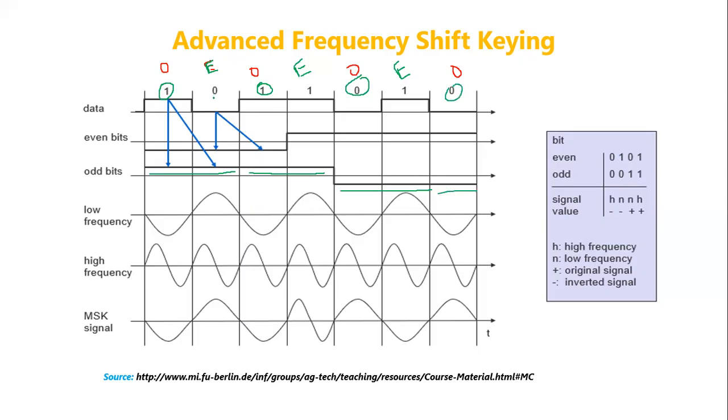Now the even bits. Here the even bit starts. The first even bit is 0, so here we represent it with two zeros. As it is 0, the previous part is also filled with 0.